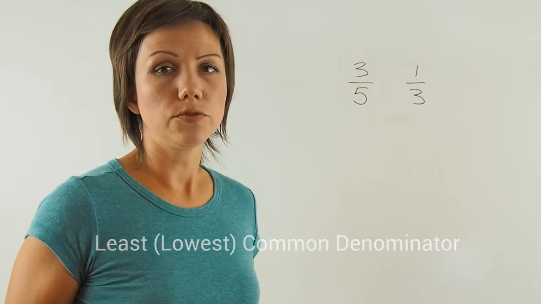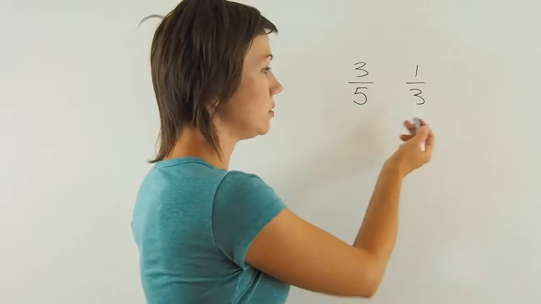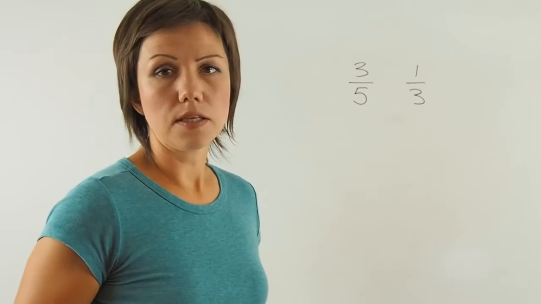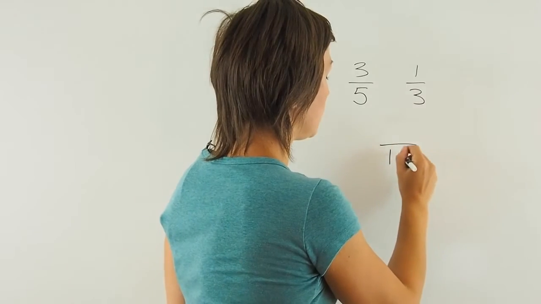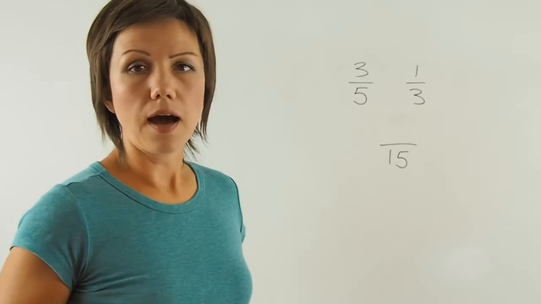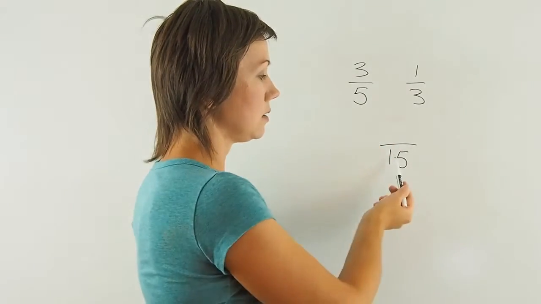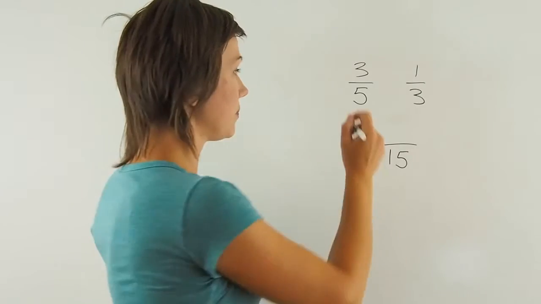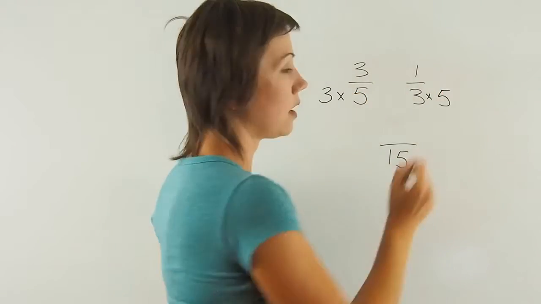In order for me to do that, I need to find the least common multiple of the two denominators at hand, 5 and 3. The least common multiple that I can think of is 15. Now, I need to multiply 5 by something to get 15 and 3 by something to get 15. 5 times 3, 3 times 5.